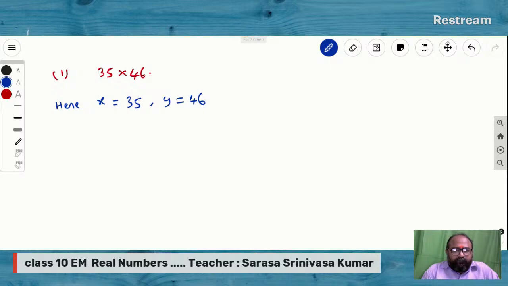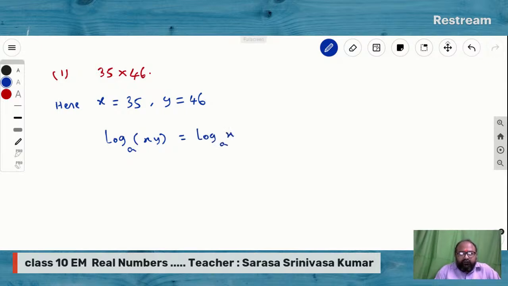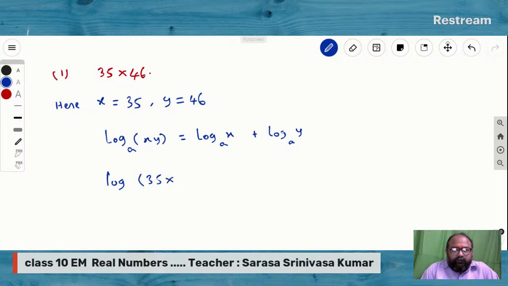So we know the formula, log of xy to the base a equal to log x to the base a plus log y to the base a. So logarithm of 35 multiplied by 46, if the base is not mentioned here, we suppose that the base is 10.